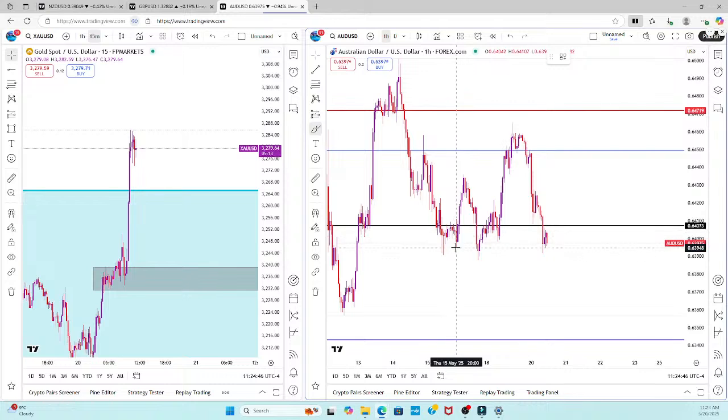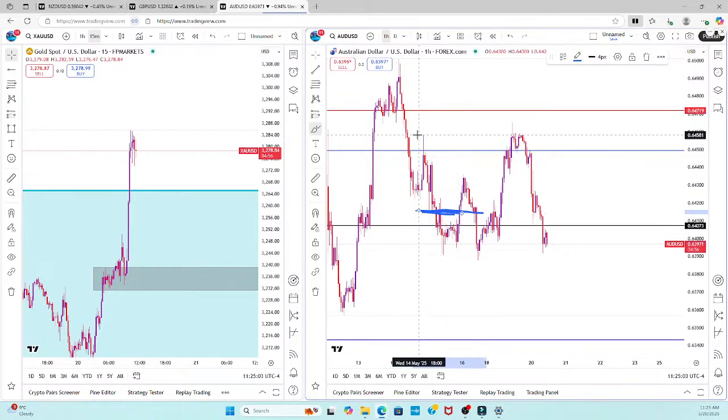The price broke this low here, or actually, this is the one here. So it broke this lower low, and then this is the lower high right here.